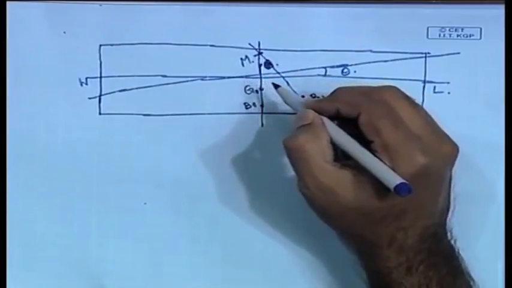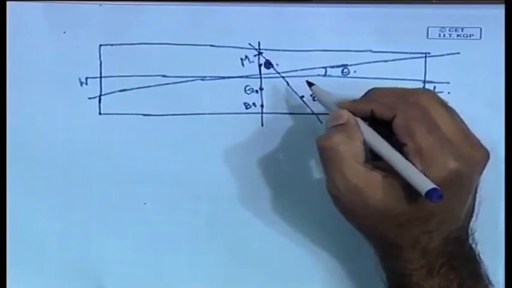This is the metacenter that we are seeing from a longitudinal perspective, that is, we are seeing the profile of it. This metacenter is the metacenter due to trimming, and the shift in the center of buoyancy is in the longitudinal direction.